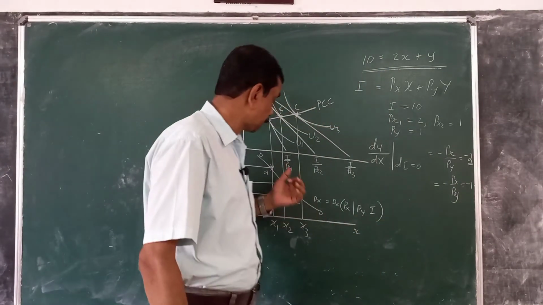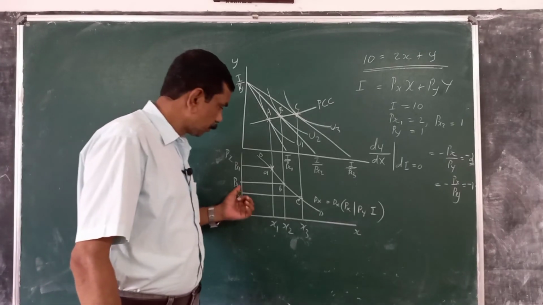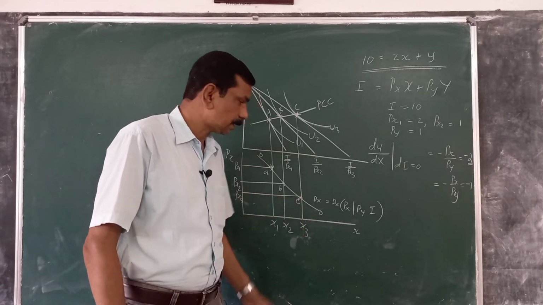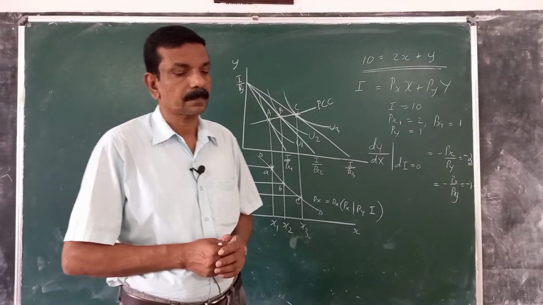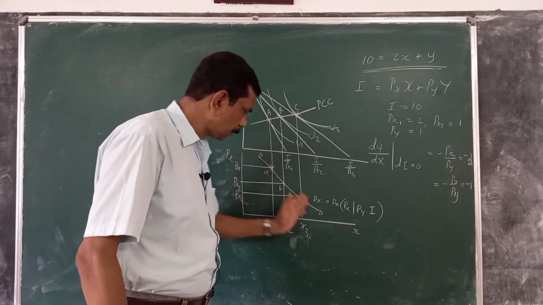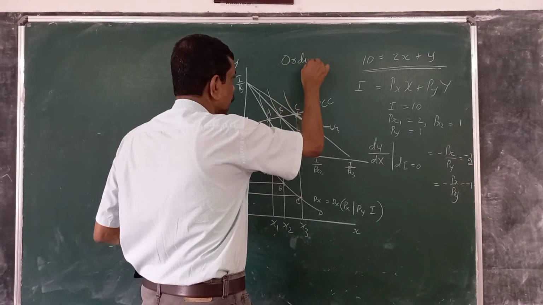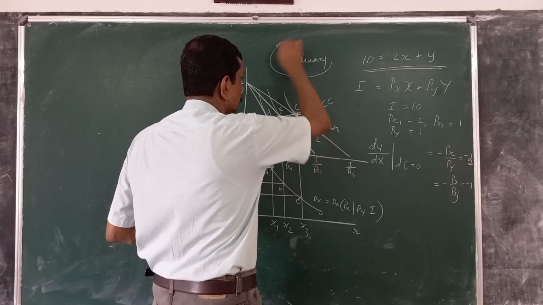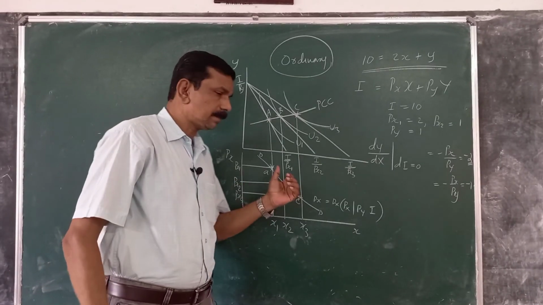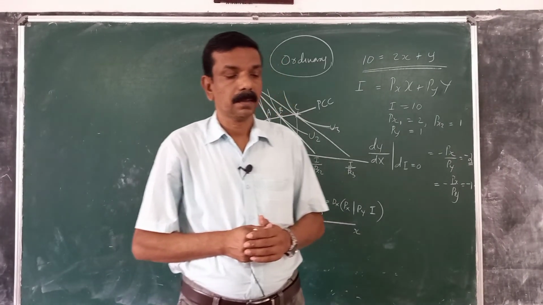If Px is Px1, he purchases X1 units, at Px2 he purchases X2 units, at Px3 he purchases X3 units, like that. Now, this is how the demand curve is for ordinary goods. This diagram shows the quantity demanded of commodity X associated with different prices for ordinary goods.